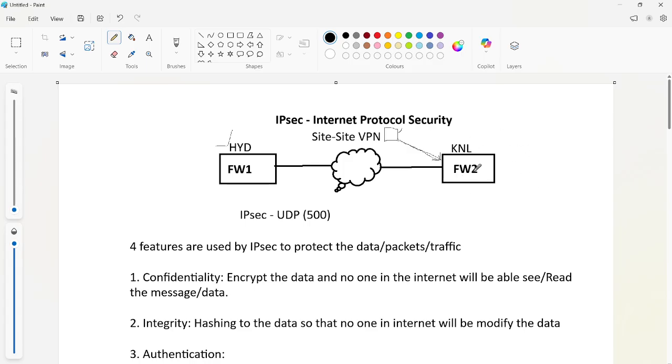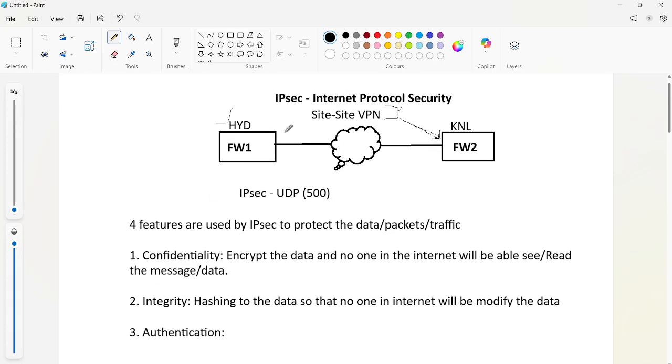That may lead to them entering your network, or they will be capturing your data. So to avoid that, we need to do authentication, to check whether we are getting information from the right sender, or receiving data from the correct receiver.